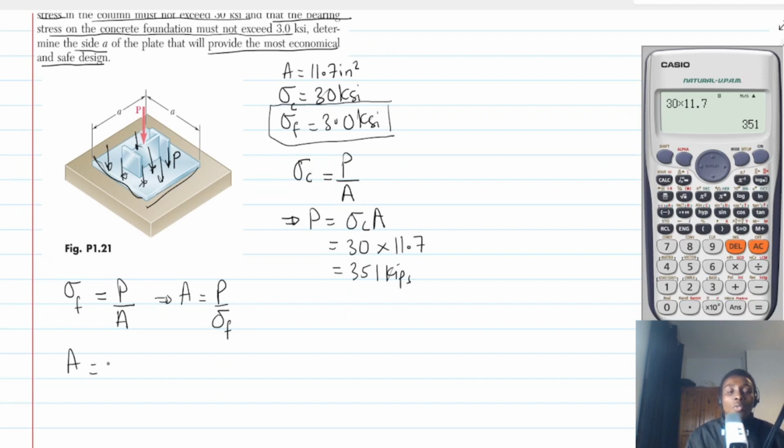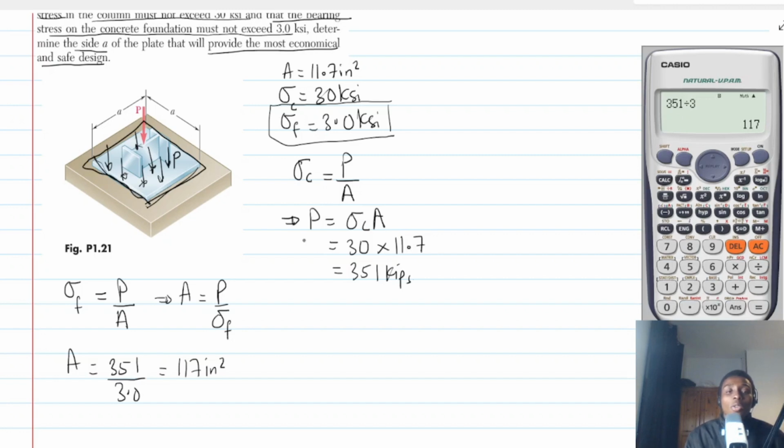So A will be P, which is 351, divided by sigma F, which is 3. Now 351 divided by 3 is 117. So since 351 divided by 3 is 117, we can clearly say that this area here corresponds to this area.